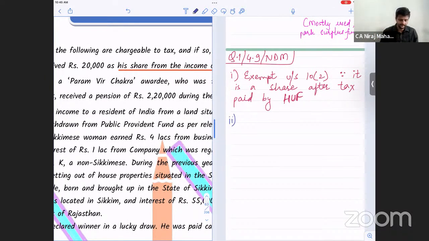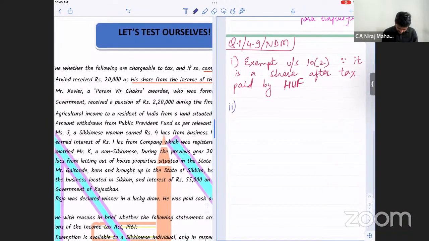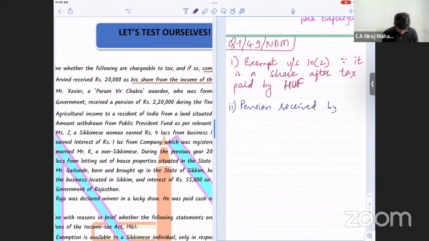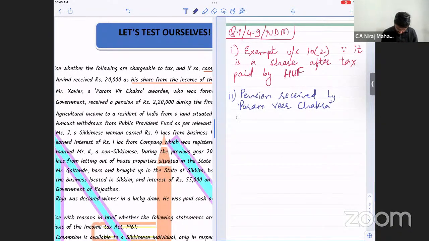All right. Pension received by Param Vir Chakra awardee is exempt under section 10(18). Yes?